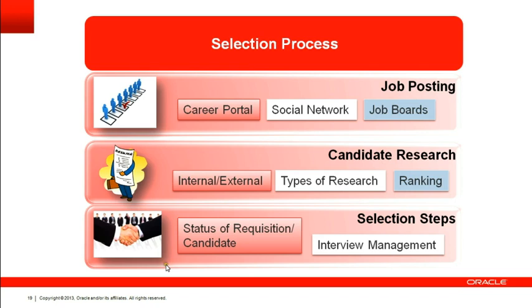Of course, this is just a standard demo flow. You can really switch between the job posting and candidate research. You can configure the selection as per your needs. For example, if you prefer to give priority to internal candidates, you can use the research before posting the job, and you can, for example, post the job first in the internal career portal and then switch to the external research.